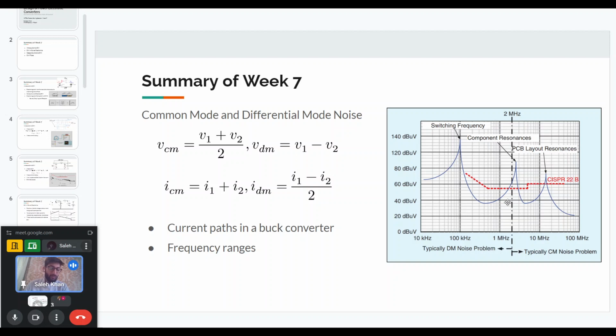As the values of these capacitances and inductances reduce, the frequency increases. Ideally the PCB should have very low parasitics, so the resonances related to the PCB will be at higher frequencies.